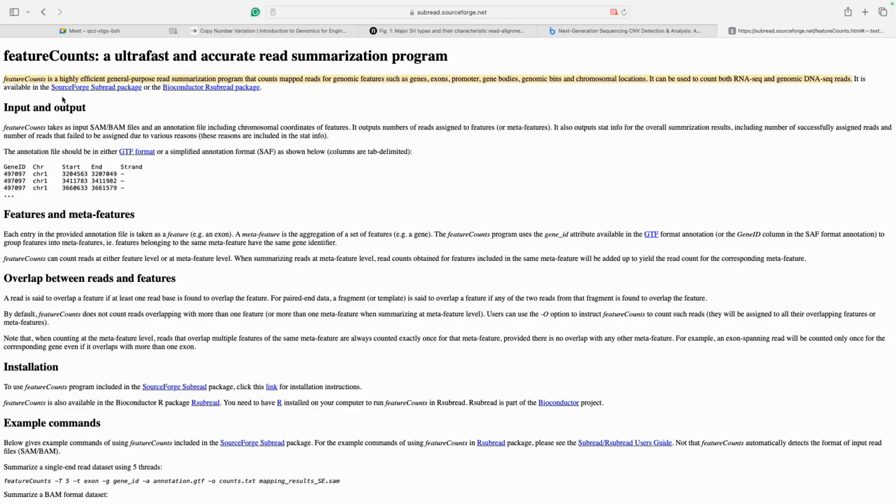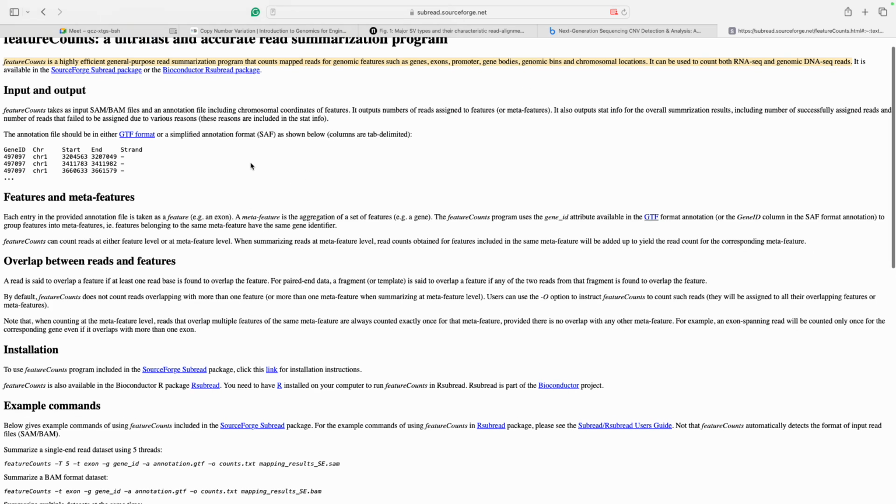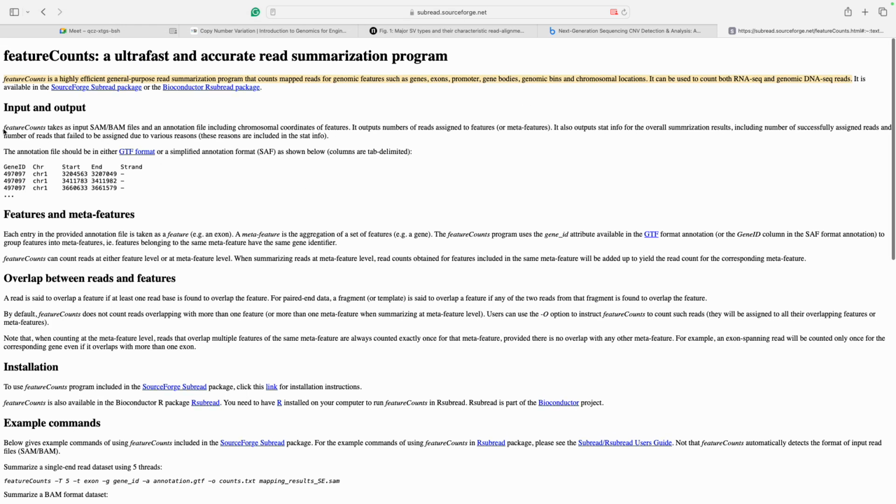Okay, so featureCounts is a highly efficient read summarization program that counts mapped reads for genomic features such as genes, exons, promoters, etc. It can be used to count both RNA-seq and DNA-seq reads. featureCounts takes input as BAM and SAM files. After the alignment we get BAM and SAM files.